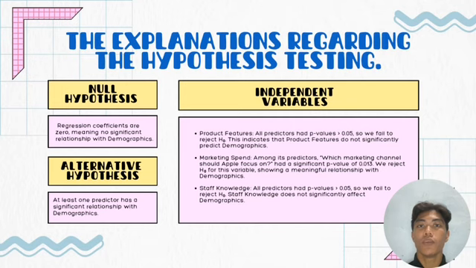Staff knowledge does not significantly affect demography. Conclusion: overall, marketing spend, specifically the marketing channel, shows statistical significance. However, the other predictors do not significantly impact demographic.